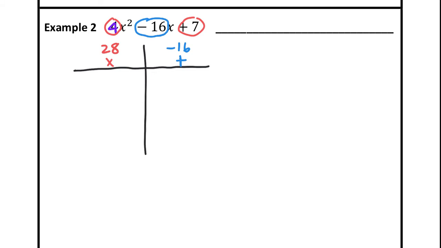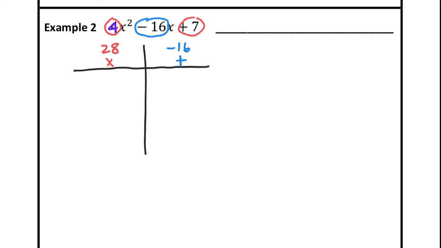Okay, so the multiplications of 28. It's 1 times 28, 4 times 7, and 2 times 14.